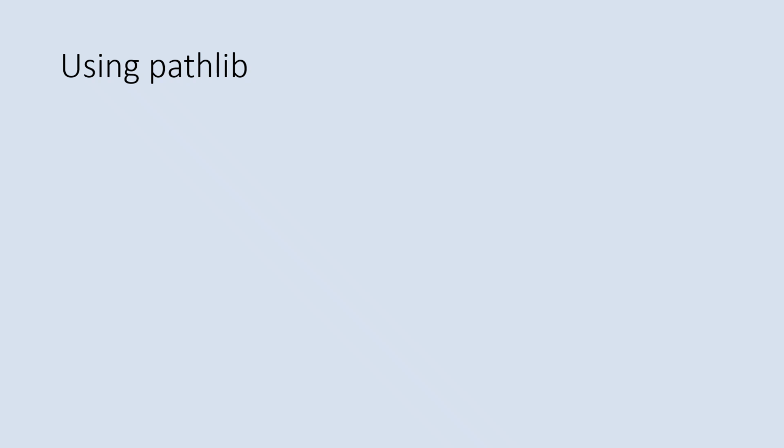All right, so to use this, we will import Path. So this will be from the pathlib library. So from pathlib import Path. And then when we want to create a particular path, we say, I want to have a path to sample_file.txt.